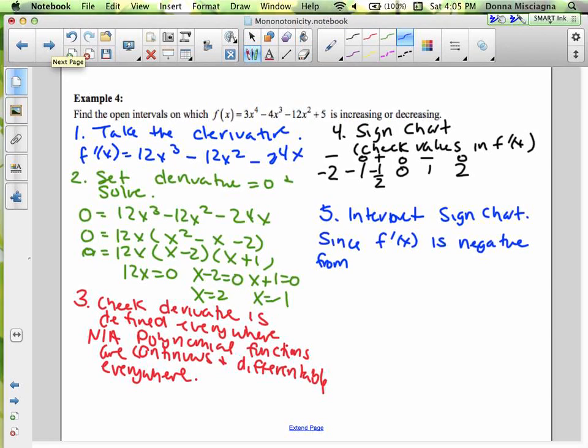So since f prime of x is negative, let me write that better. It is negative for values of x less than -1.